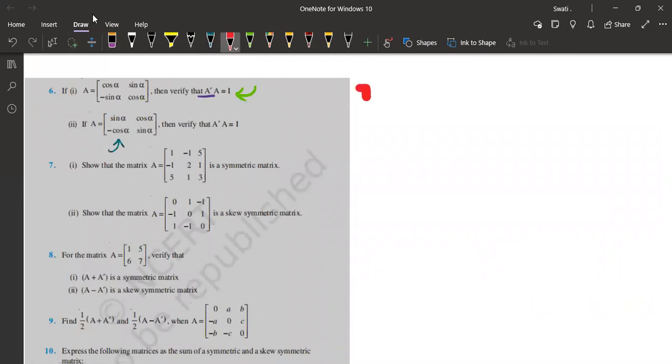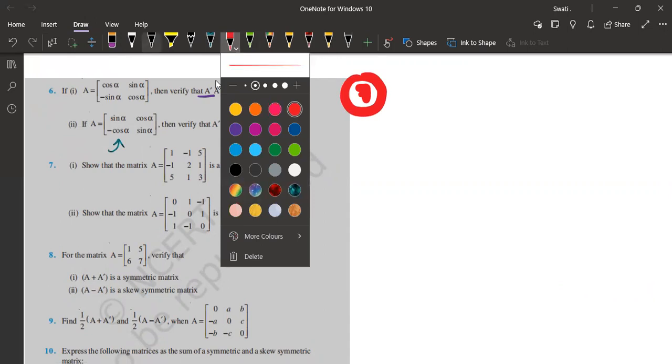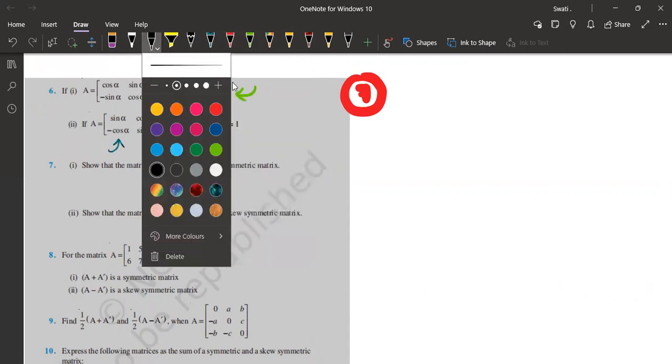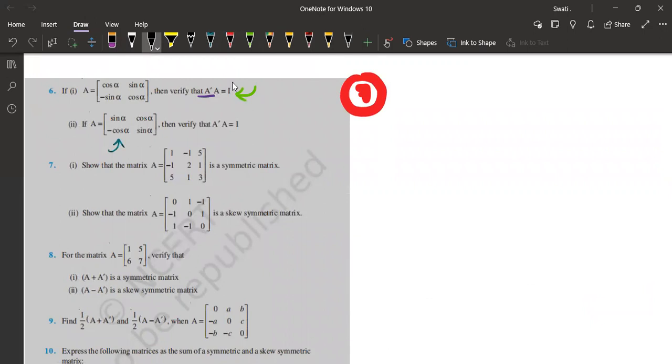Okay, the 7th question. In the 7th question, before we start, I want to explain something here. Show that the matrix is a symmetric matrix. Now, before I show that this matrix is a symmetric matrix, let me explain what is the meaning of symmetric matrix. Meaning of symmetric matrix is simply that A equals A transpose.